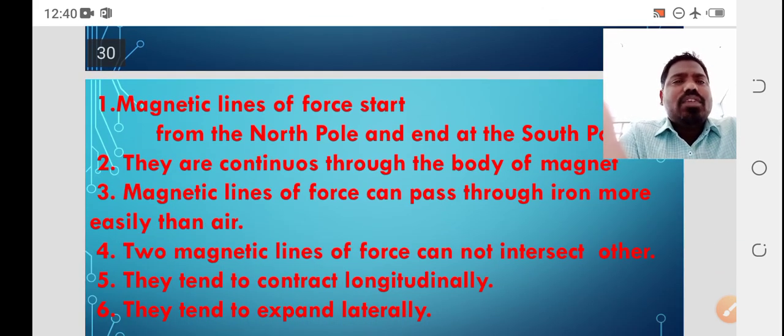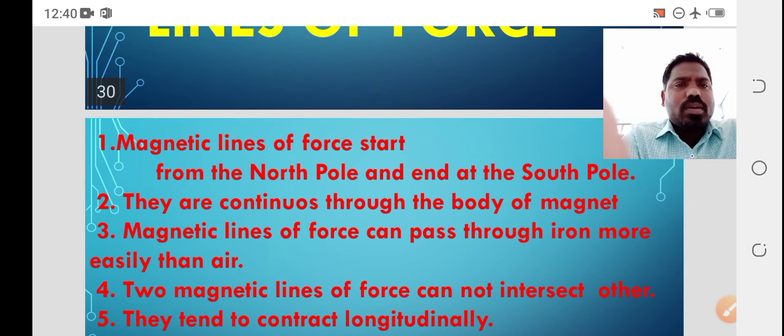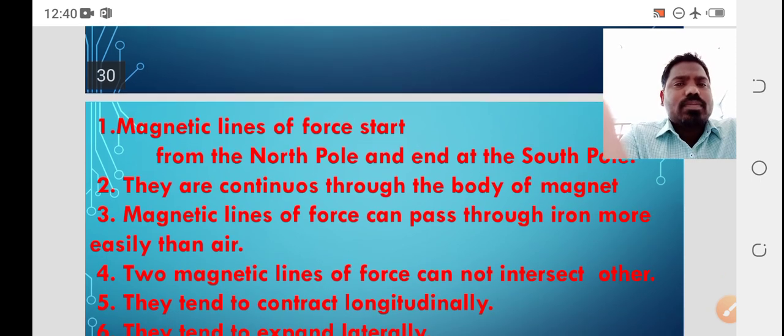Magnetic lines of force start from the north pole and end at the south pole.